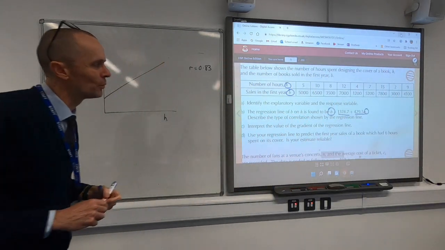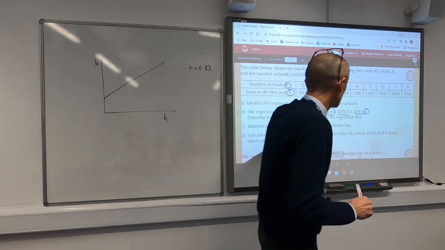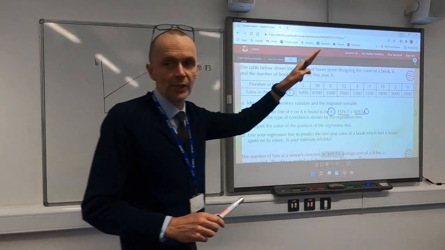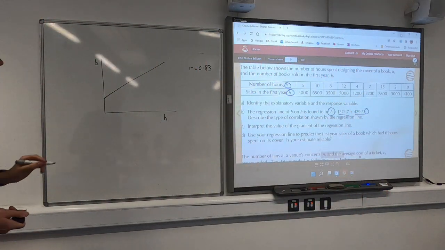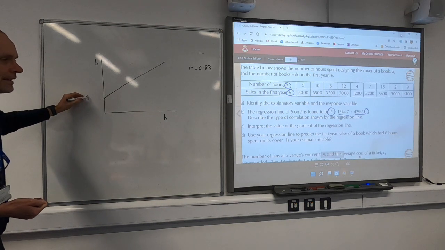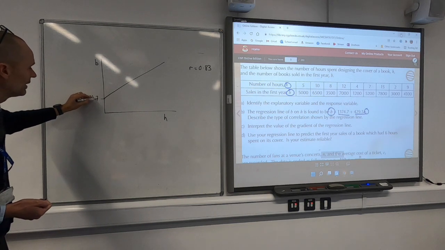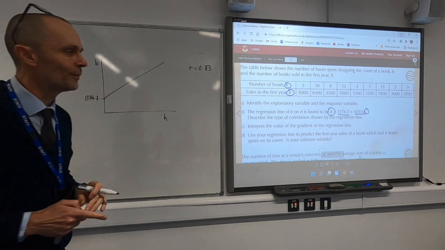George, even if I hadn't worked out r, how could I have told from this line that it was a positive correlation? Well, actually, the one before H is positive. Yeah, positive gradient. That's right. So we've got that double sort of confirmation, haven't we?